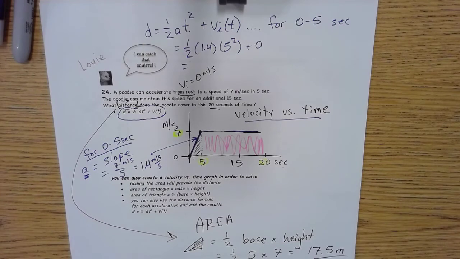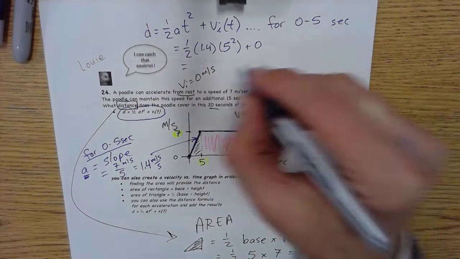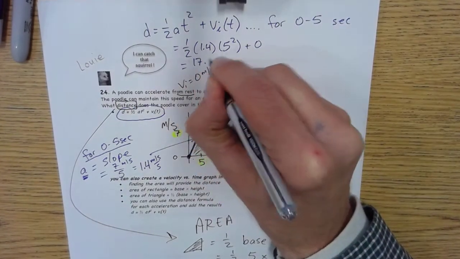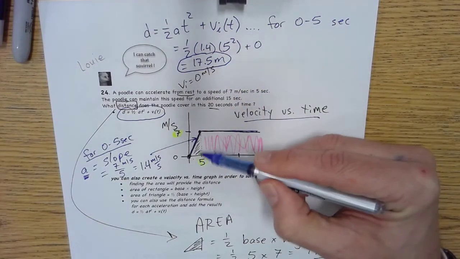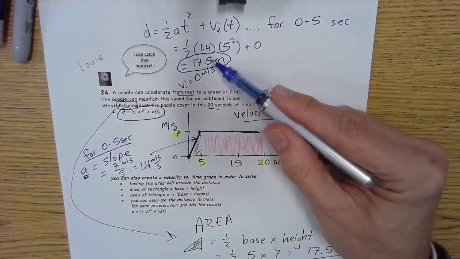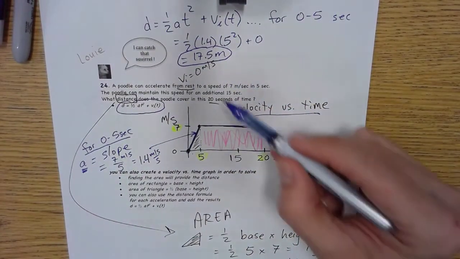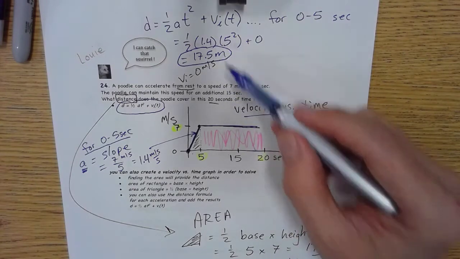Let's see here. Yeah, that is the same. Now remember, that's not the total answer. That's just that area underneath that triangle. So really two ways to get the distance in the first part.